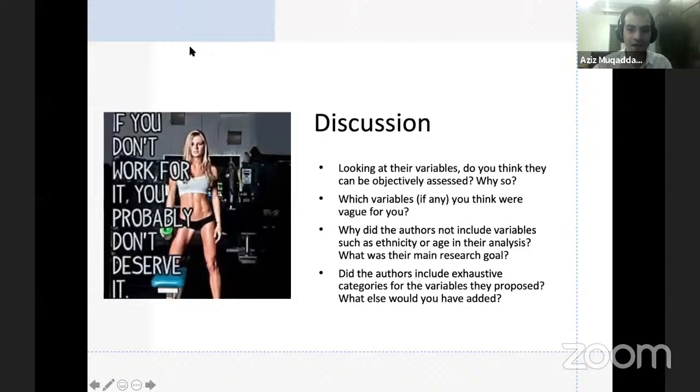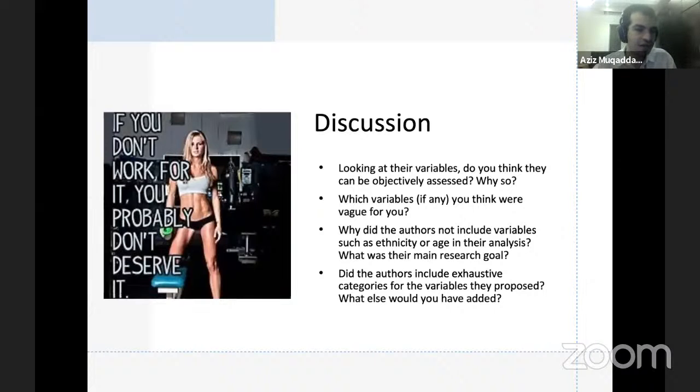Looking at the variables, do you think they could be objectively assessed according to the description given by the authors? Do you think some of them were vague? Any of the categories that we're given, do you think some categories were vague, or you wanted to know more details about how exactly they were measured? And why did the authors not include some other variables?